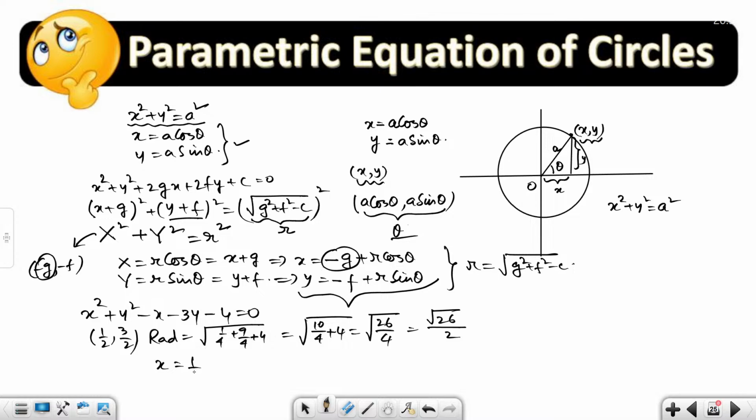So x equals half plus r cos theta, where r is this, and y will be 3 by 2 plus r sine theta. That will be the parametric equation of the circle. Are you getting it? Please confirm. So this is how we find the parametric equation of any circle.